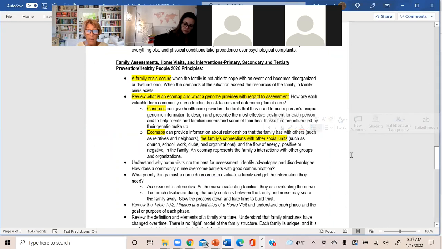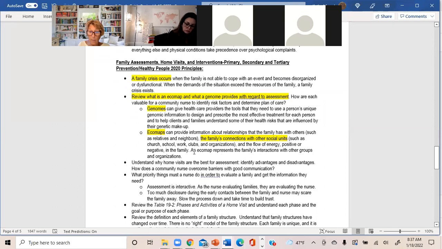So my ecomap: church, school, work, clubs, organizations. So my ecomap was huge before the pandemic. Well, what happened when the pandemic came? What happened to my ecomap? All my social connections and things I did all went away, right? So ecomaps are a good assessment tool to determine the family's connections with other social units.